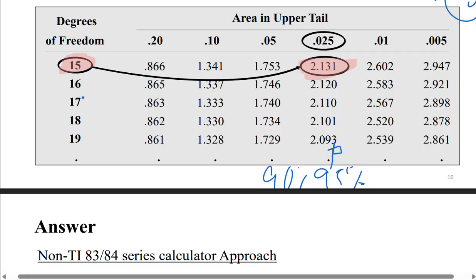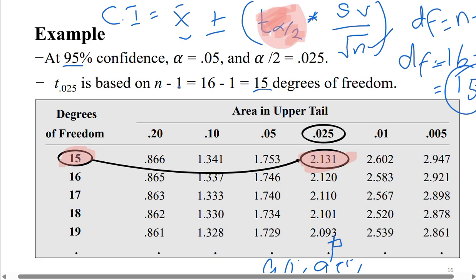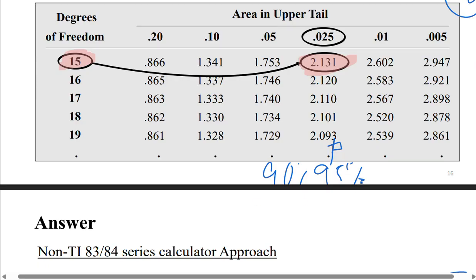We are looking for the t critical value using two numbers: the degrees of freedom, which we calculated to be n minus 1, which is 16 minus 1, and that's 15 right here, and the confidence level of 95%, which is this one here.